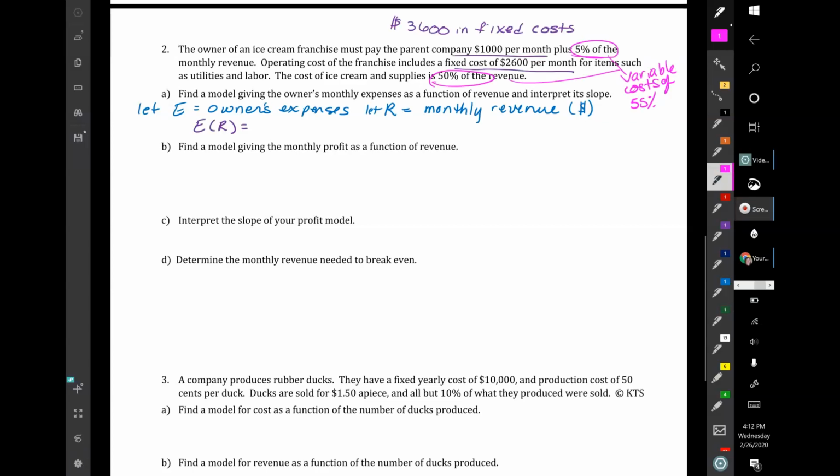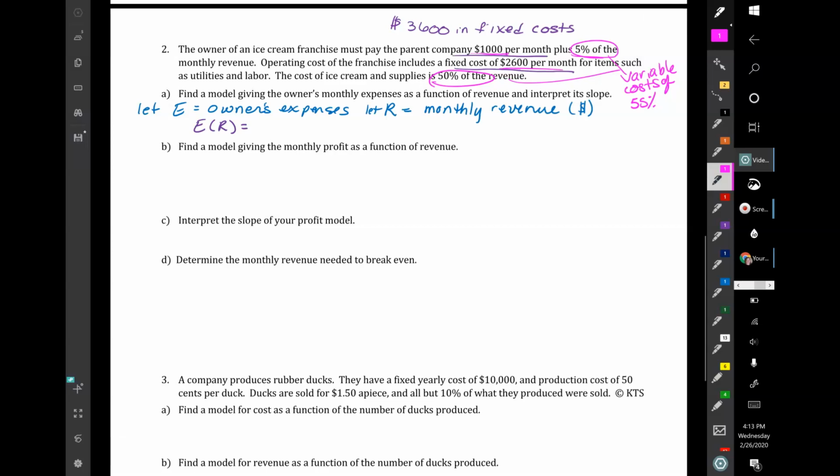Okay, so I marked up some things in the problem. The owner has to pay the parent company some monthly fixed costs of $1,000 each month. They also have to pay 5% in variable costs. The operational costs also have to get rolled into that monthly amount.